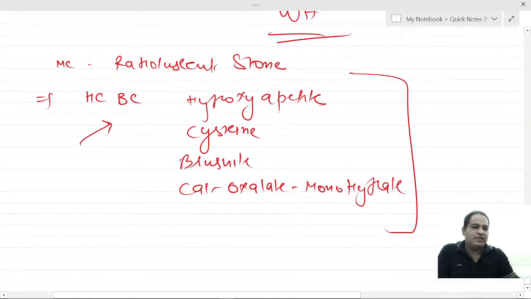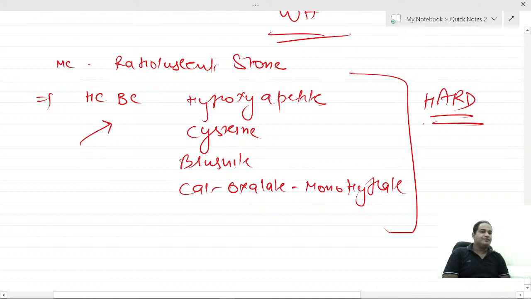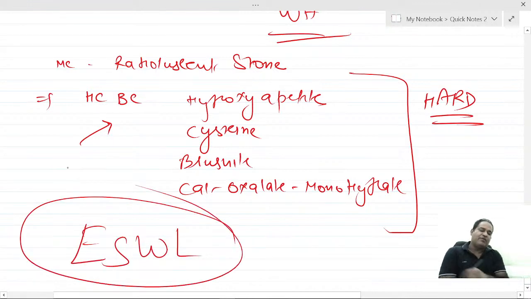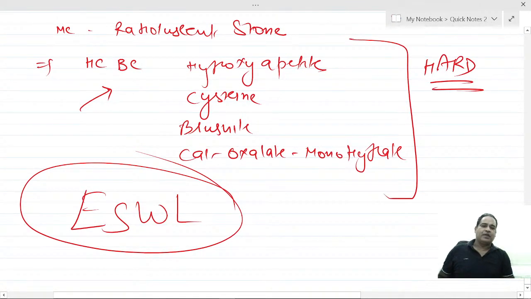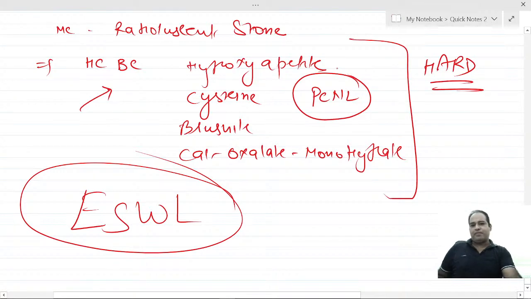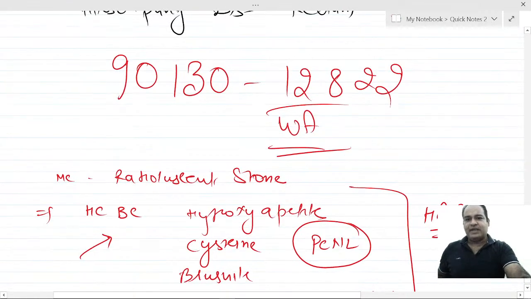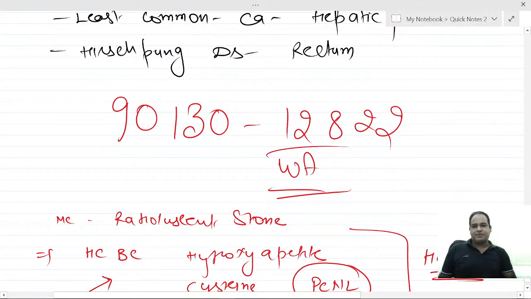Except for all these stones, because they are extremely hard, for all other stones ESWL is the treatment of choice. But for these stones, ESWL is usually not helpful, so we might have to go in for PCNL, percutaneous nephrolithotripsy.